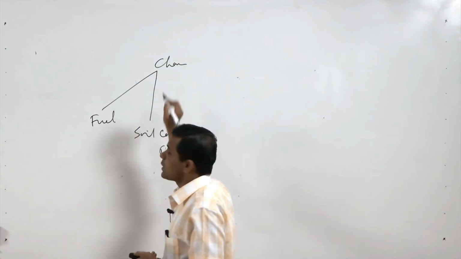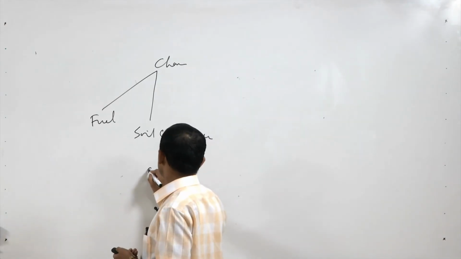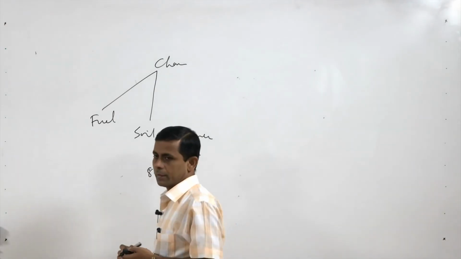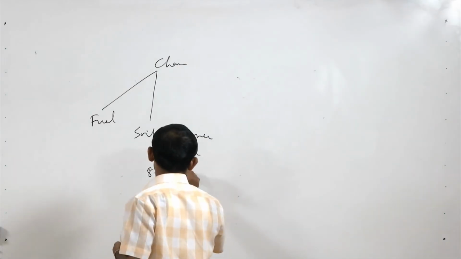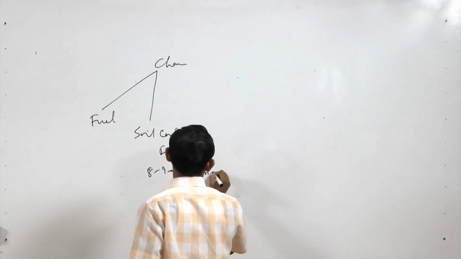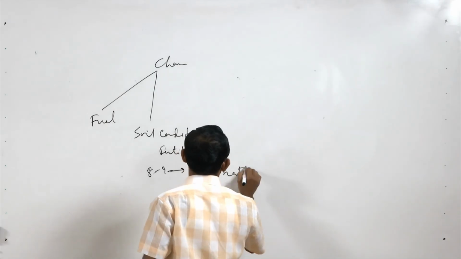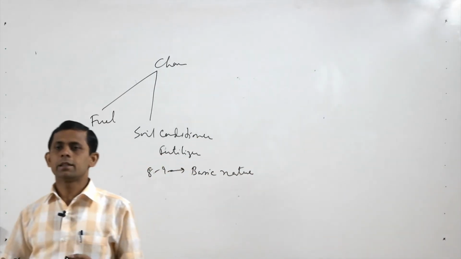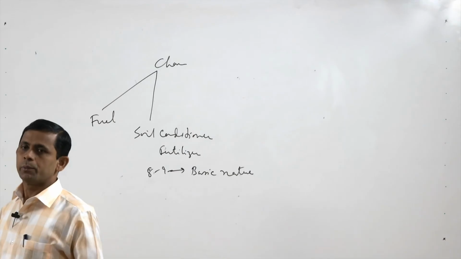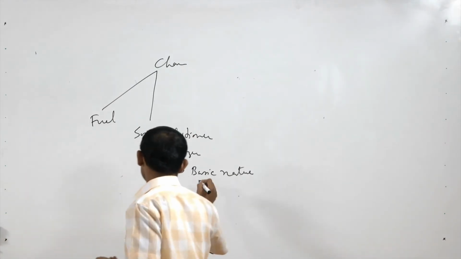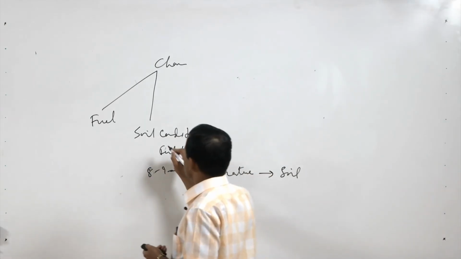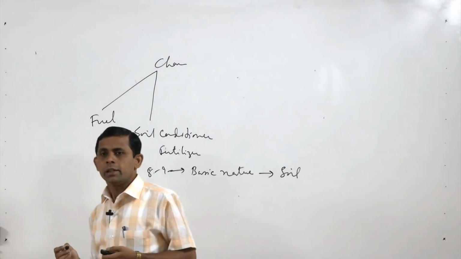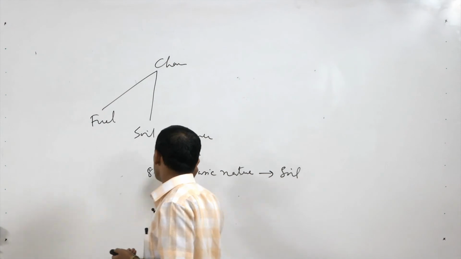The pH of this char is around 8 to 9. So, it has some basic nature. So, any soil which is acidic in nature, this will help to neutralize the pH and condition the soil. Second, this contains carbon and is porous in nature.